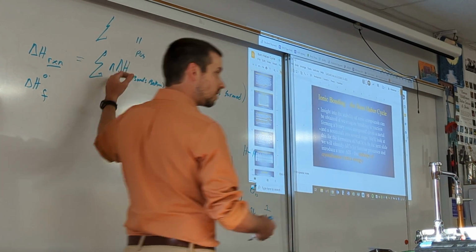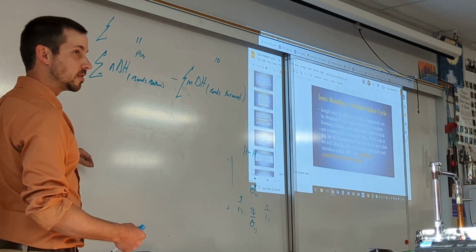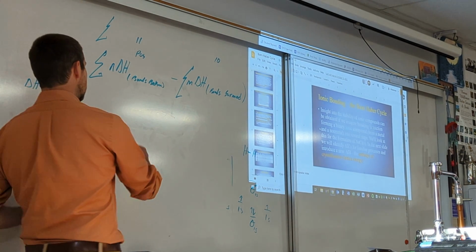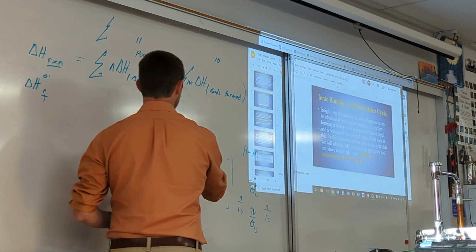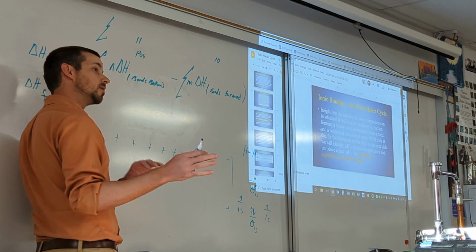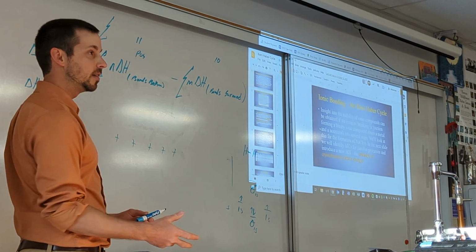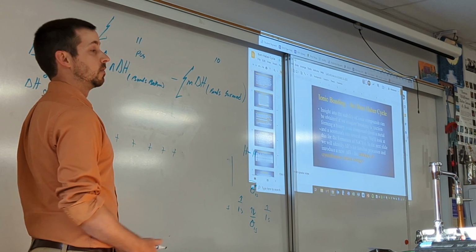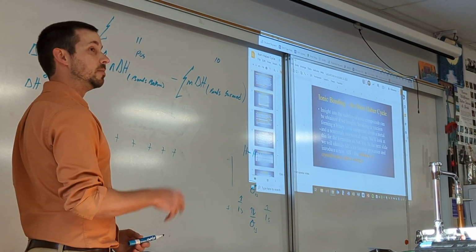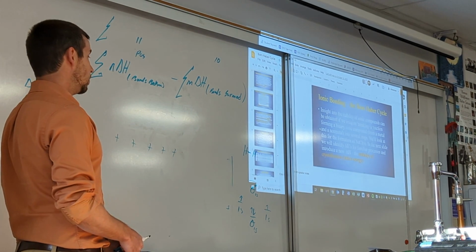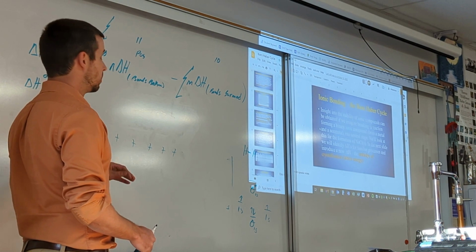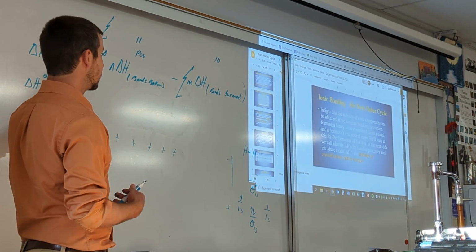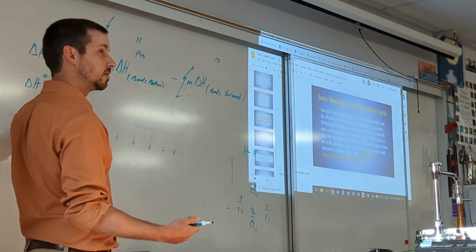If you want to use Hess's law, which is always an addition process, adding up the individual steps, then you personally have to introduce the negative sign whenever you're saying bonds must be formed or broken. You have to keep track of that negative sign. You'll get the exact same answer either way. Personally, I think this is a little easier so I don't have to worry about negative signs.